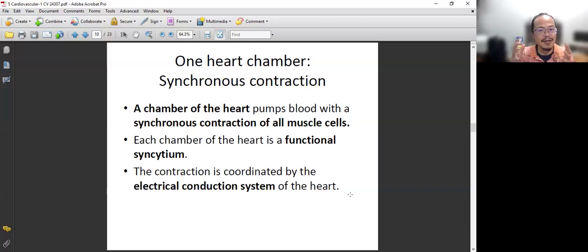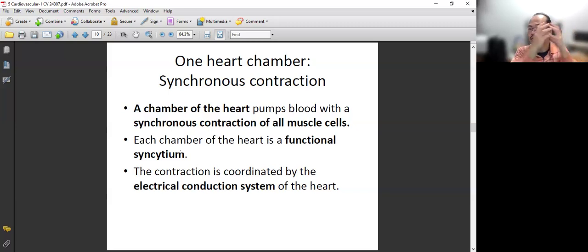Now we know that they all share their environment and they will contract together. So we know that one heart chamber has a synchronous contraction. Their contractions are synchronized, and we call this a functional syncytium. So each chamber has its functional syncytium.